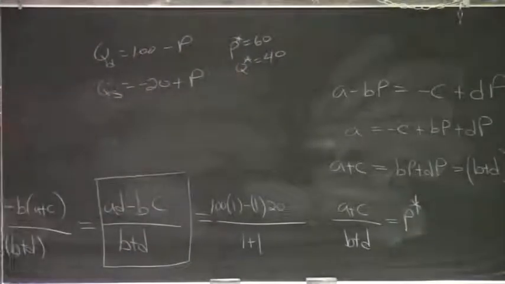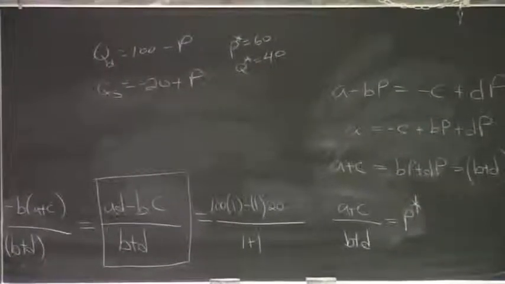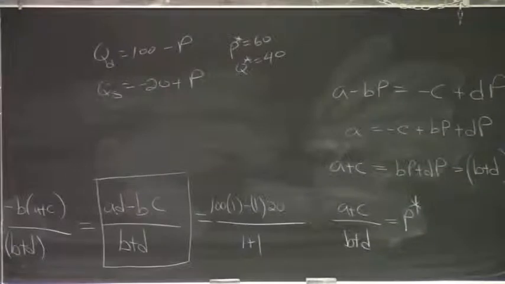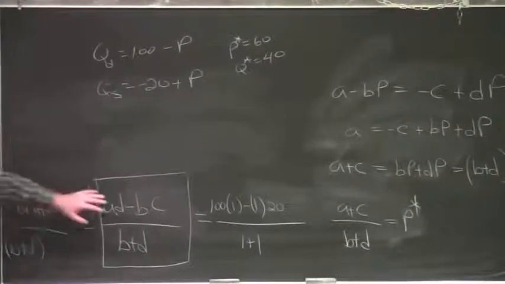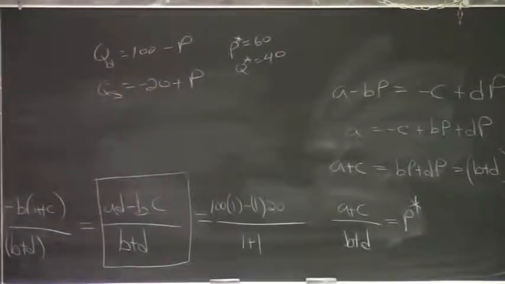So we get 100 minus 20 is 80 over 2 is 40. It's the same answer. Only now our answer right here is expressed in a more general format. Simple supply and demand.